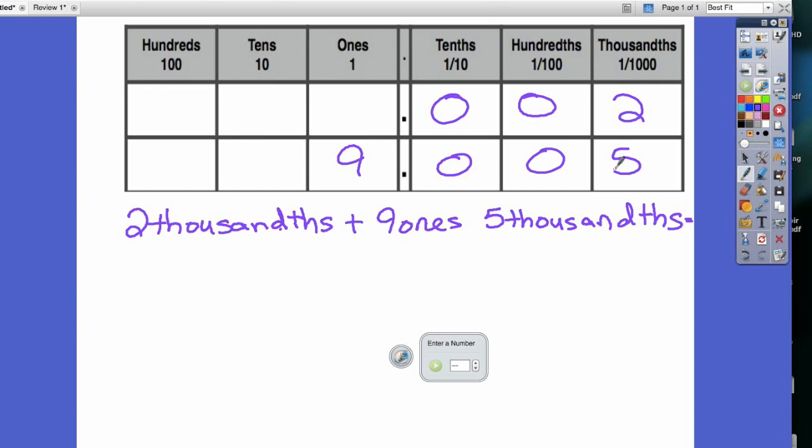Anyone have any other ideas of what you might want to do? I think it's like 9 and 0, 9 and 7 thousandths. But how would you solve it? Any other ideas of what you might do?